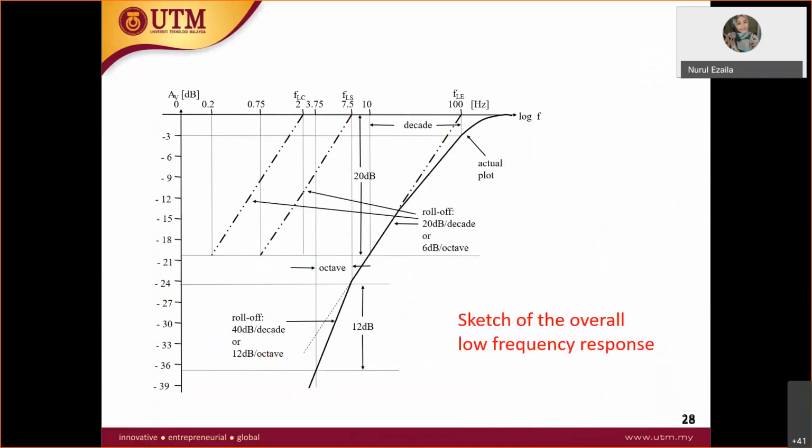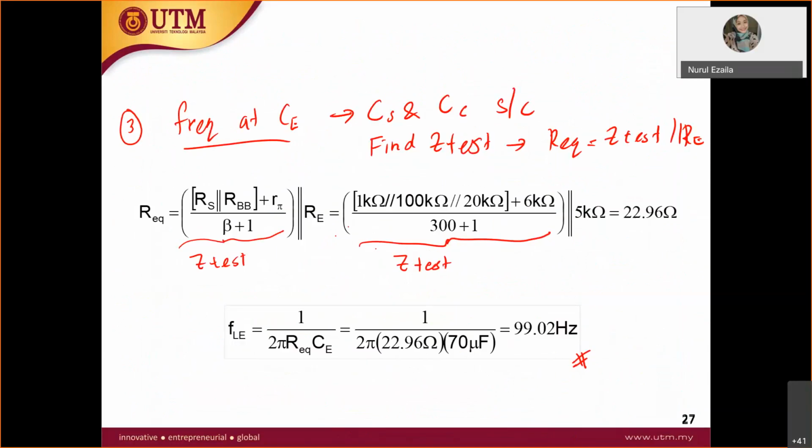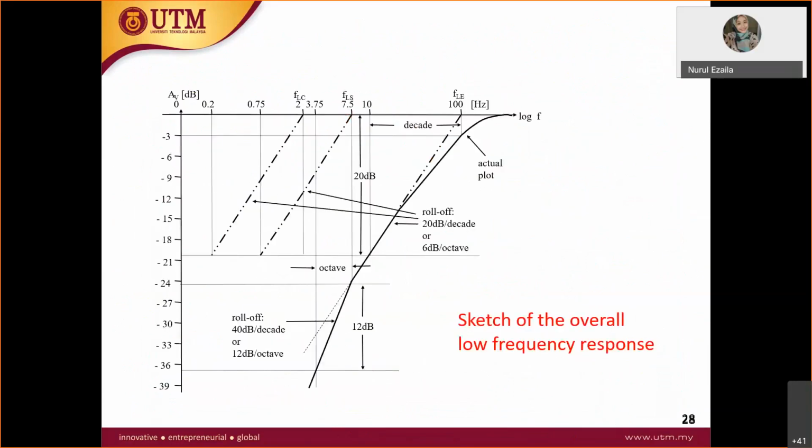Number one just now is FLE, which is equal to 99.02, and this is the highest.